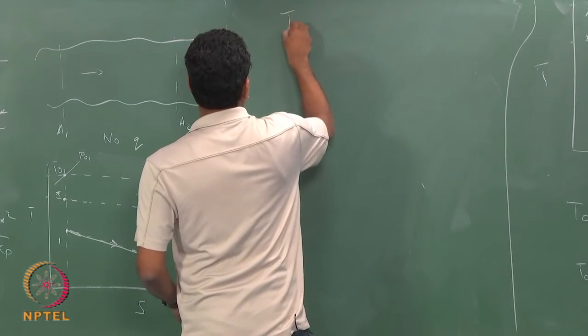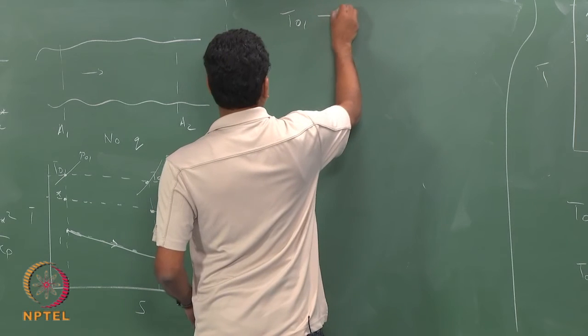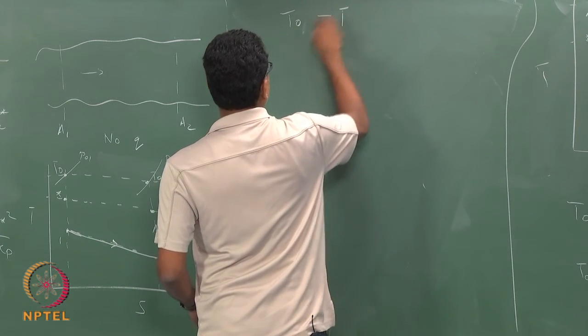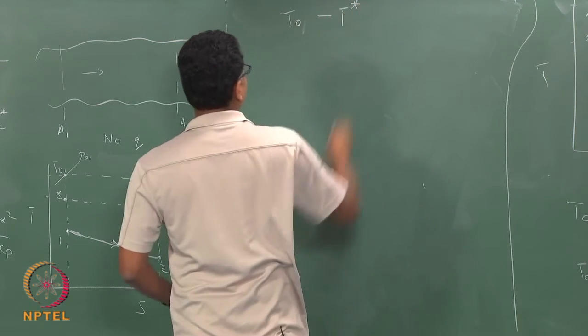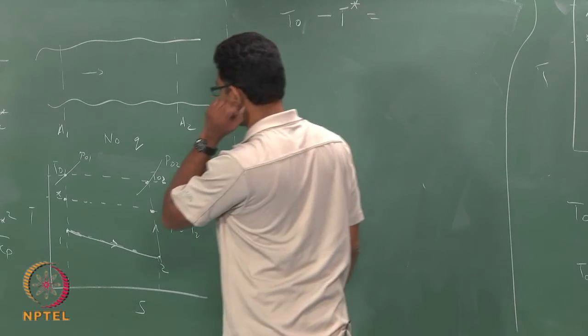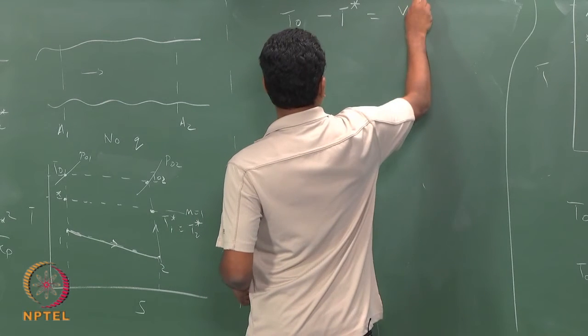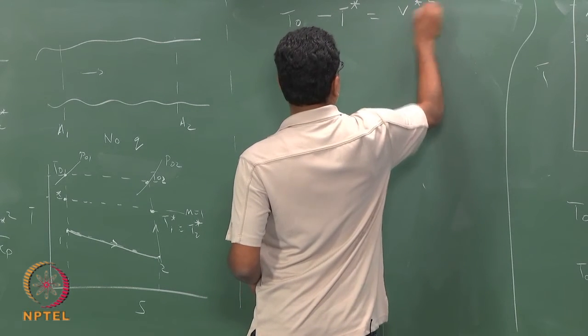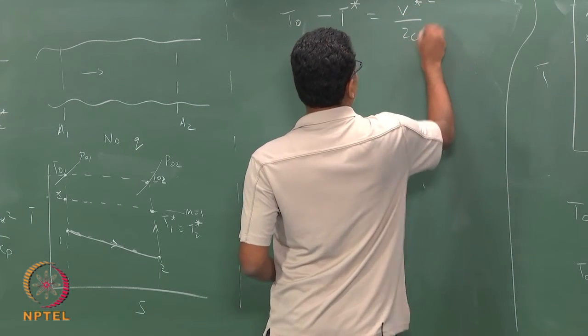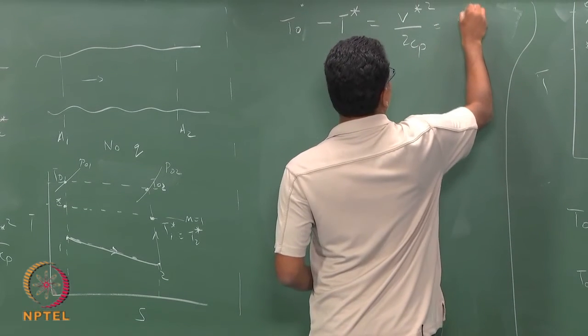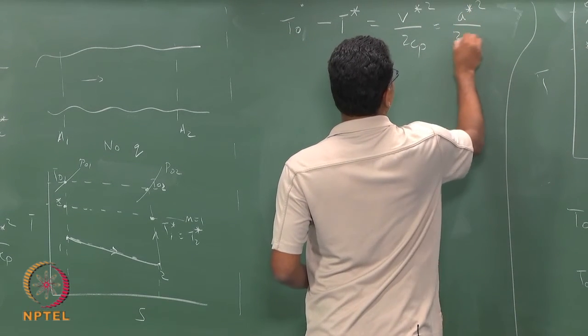So, if I write T01 minus T1, let us remove the suffix. So, for any point T0 minus T star is V star square by 2 Cp, which is also your A star square by 2 Cp.